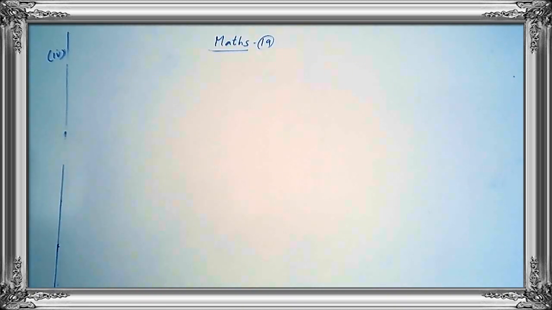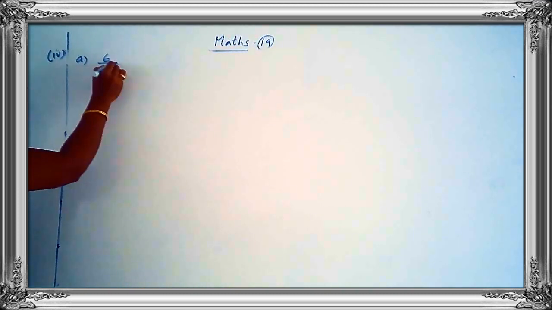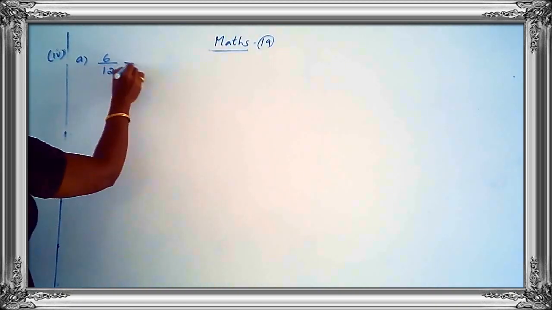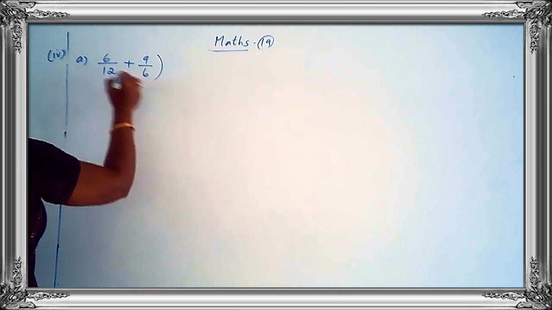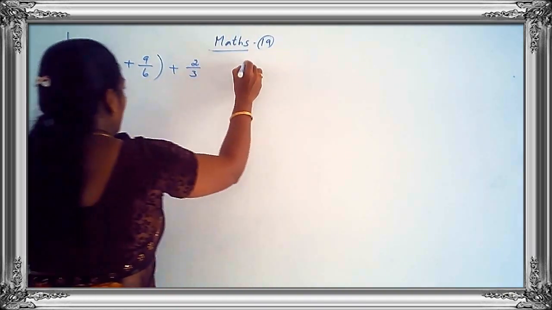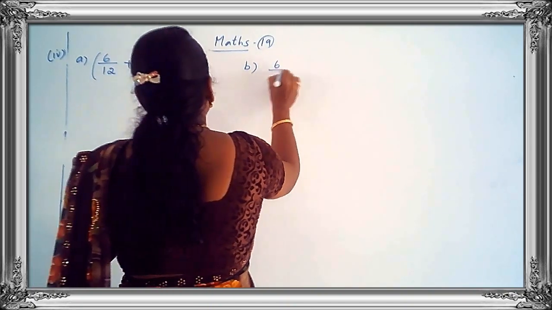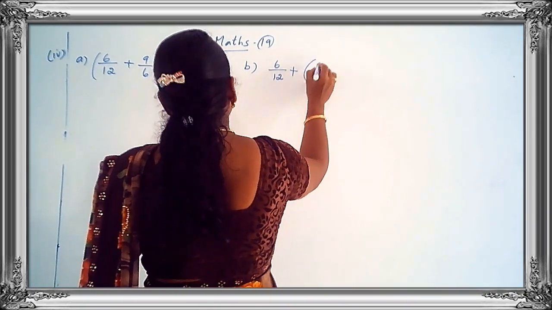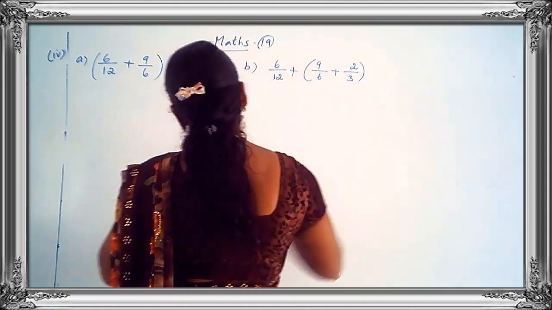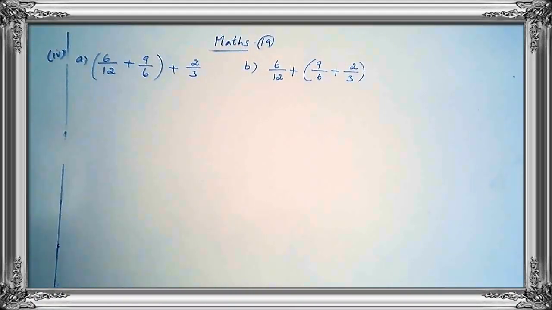In fourth question, A part is 6 upon 12 plus 9 upon 6 plus 2 upon 3, and B part is 6 upon 12 plus 9 upon 6 plus 2 upon 3. Okay children, clear?